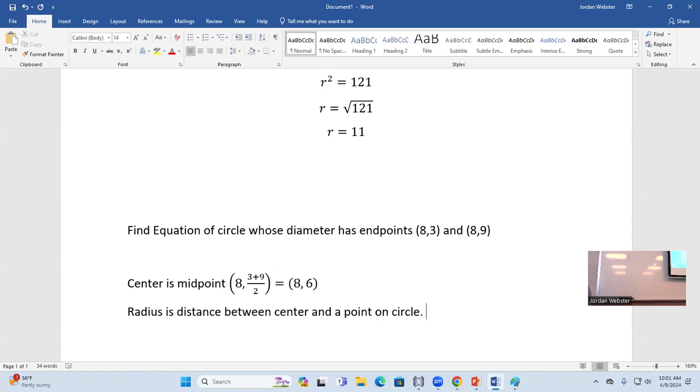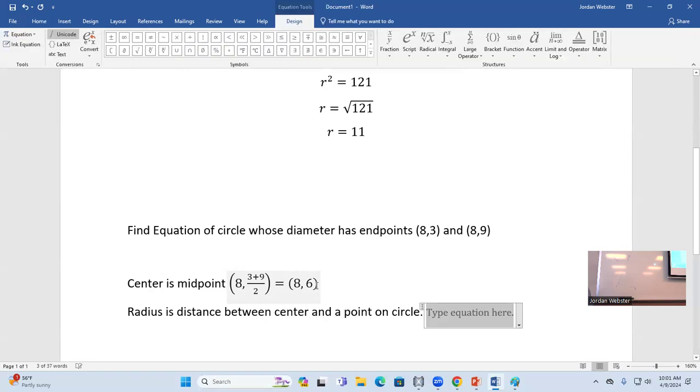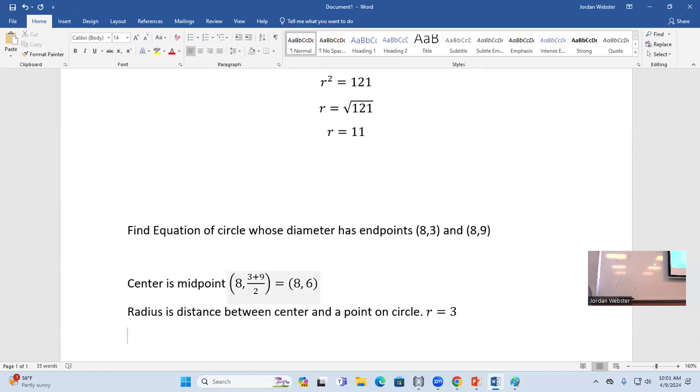Doesn't matter which point we use, since the center is (8, 6) and the endpoints are (8, 3) and (8, 9). It's pretty obvious that the radius is 3. To go from 3 to 6, or from 9 to 6, or 6 to 9, the radius is 3. We can get that through common sense.